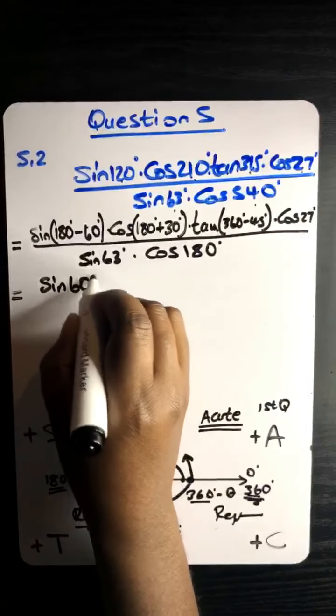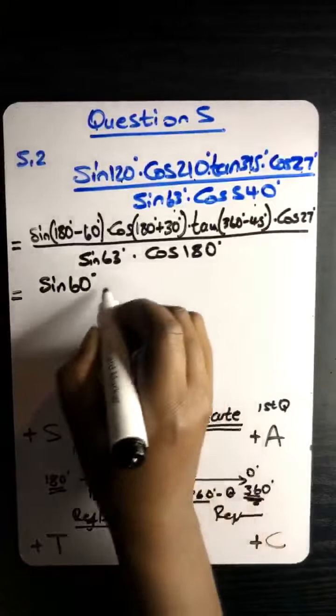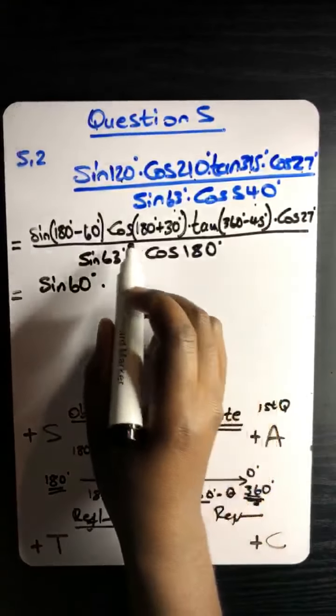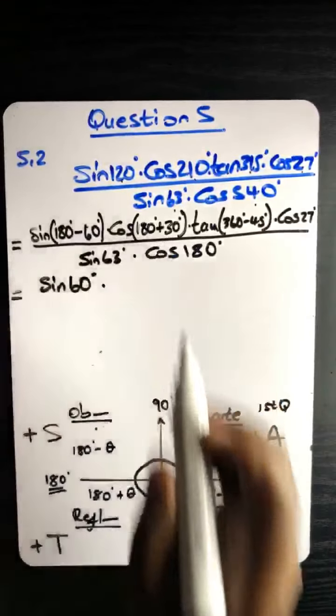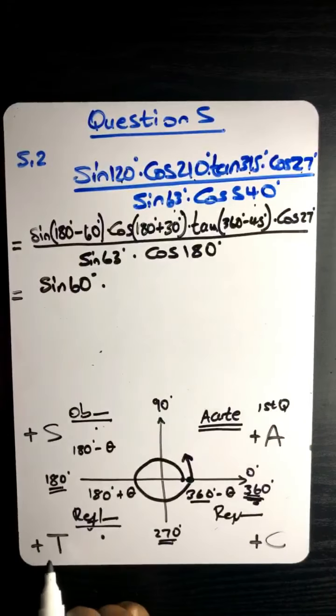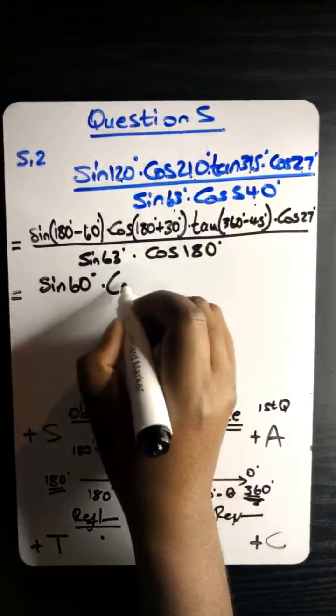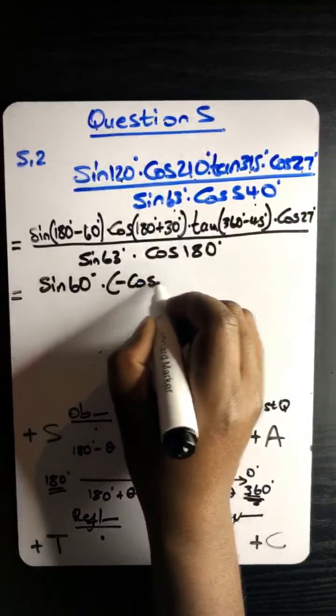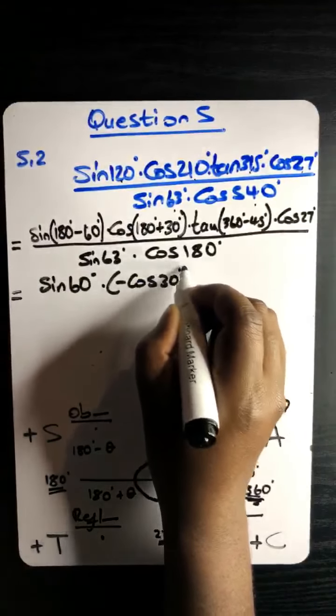So we have sine of 60 degrees times, what about cos of 180 plus? 180 plus is here, and here it's only tan which is positive, so cos is negative. Very, very important: inside the brackets, write it as a negative value.